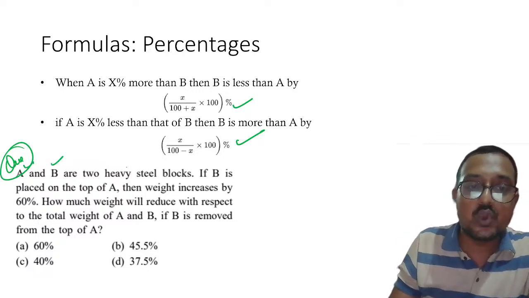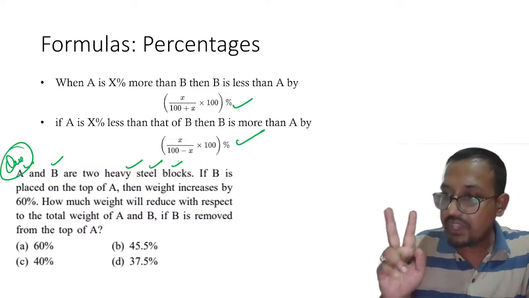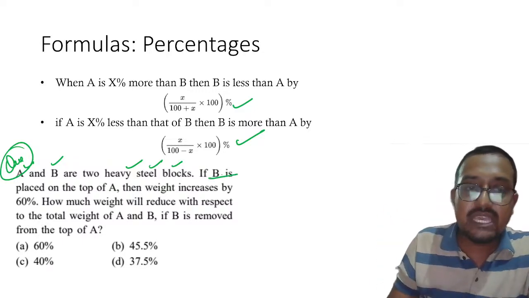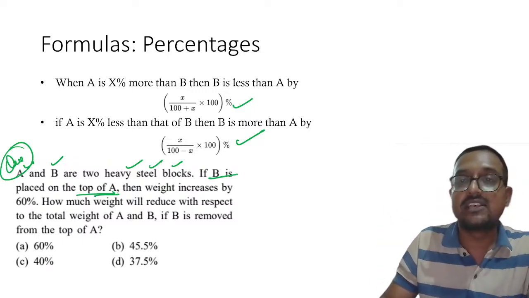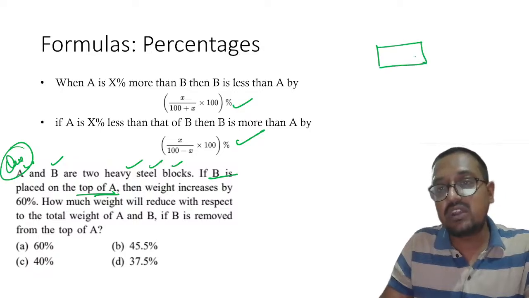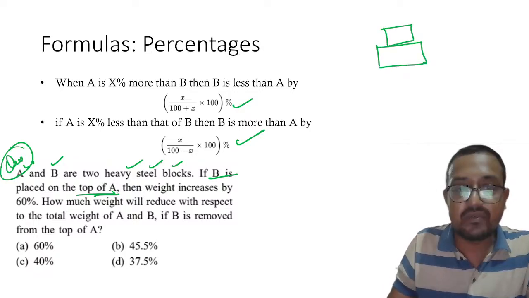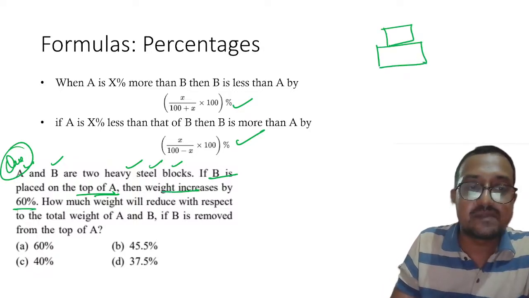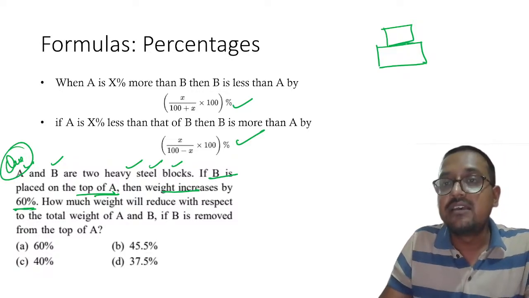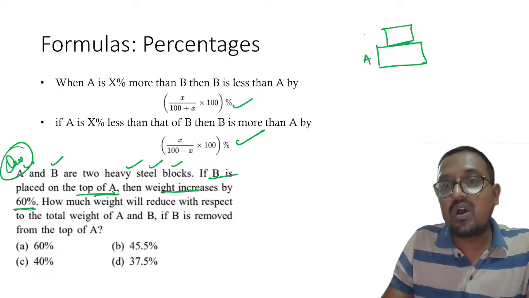A and B are two heavy steel blocks. Understood? If B is placed on the top of A, see, A is already there, B is on the top of it, then the weight increases by 60%. So let us say this is A block and this is B block.